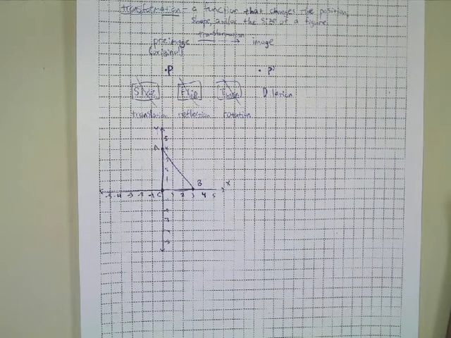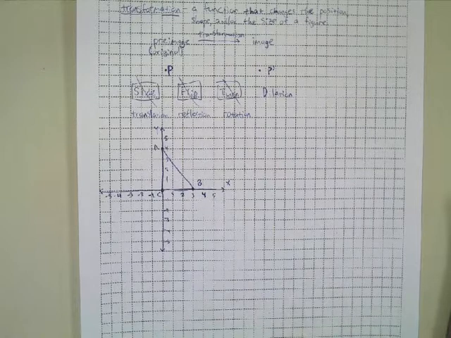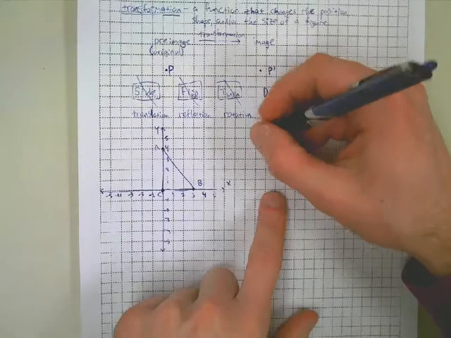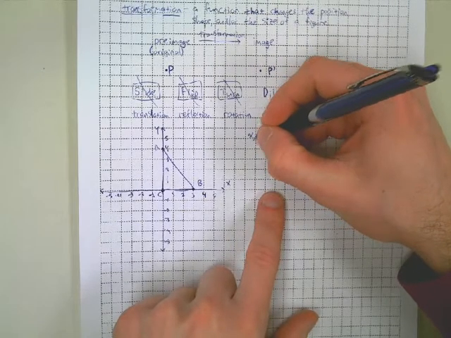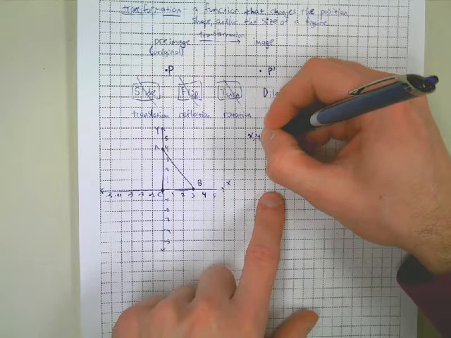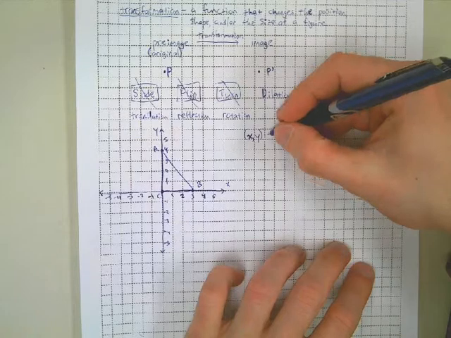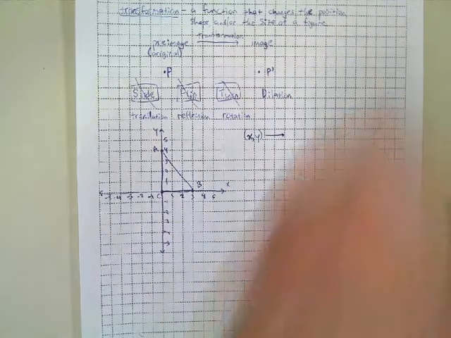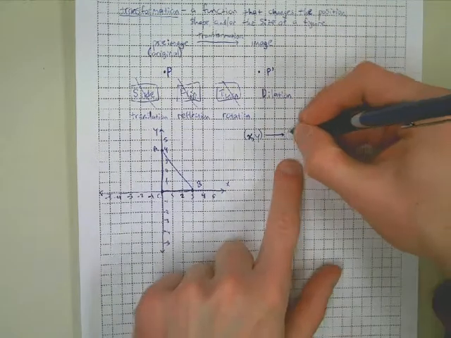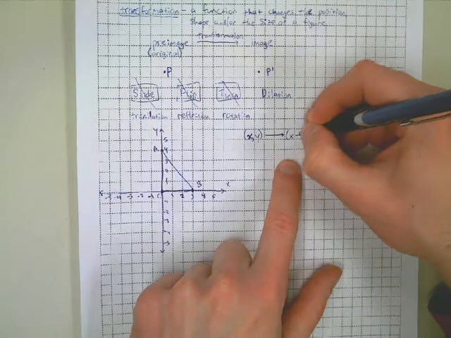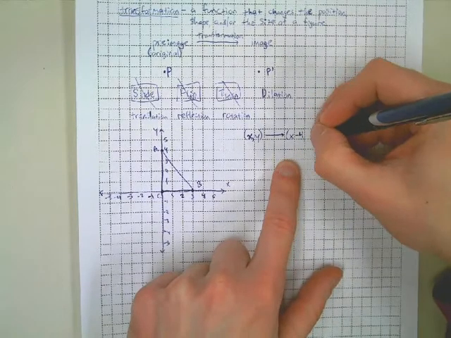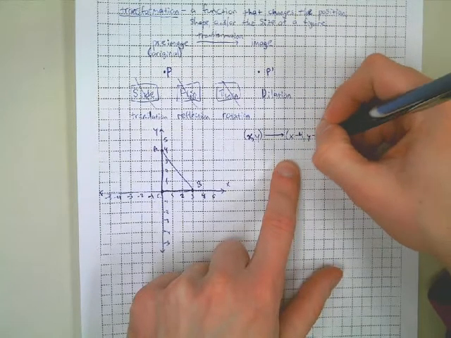All right, and so we're going to perform a transformation on this shape. We'll have you guys identify what it is here. Okay, so let's see. We're going to take our original coordinates x, y, and the transformation we're going to do here is going to have us do x minus 4 and y minus 3 to those coordinates.